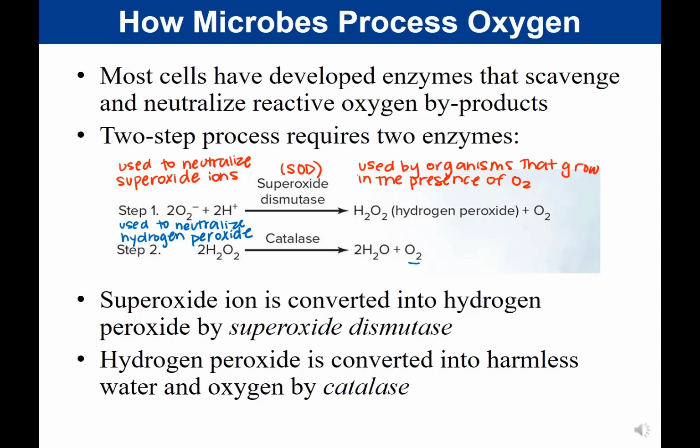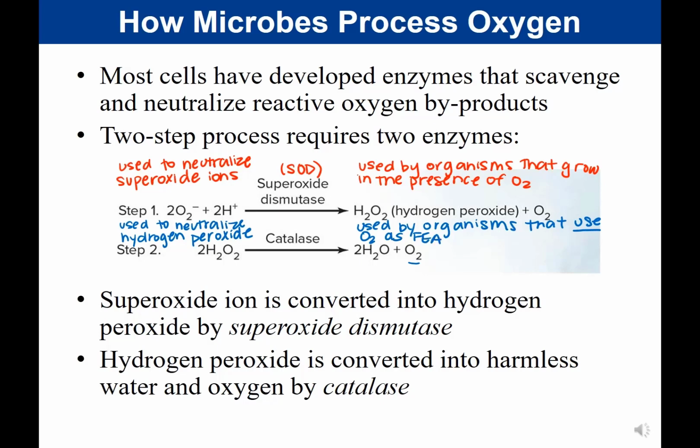So for catalase, it's not just used by organisms that grow in the presence of oxygen. In this case, it's actually used by organisms that use O2 as their final electron acceptor.